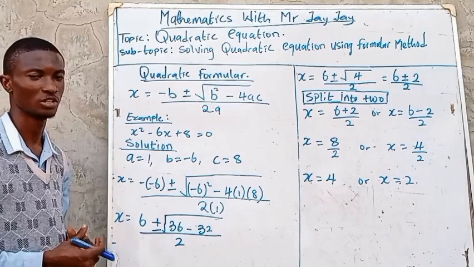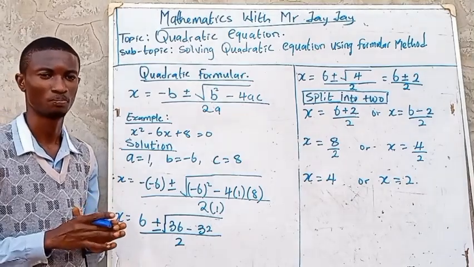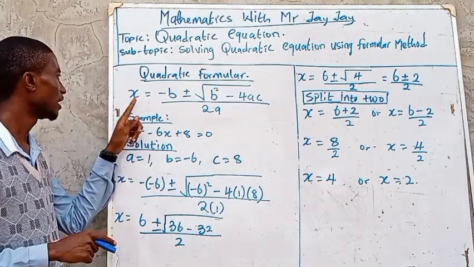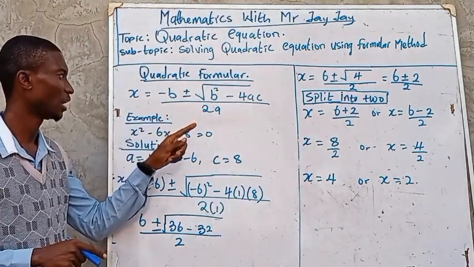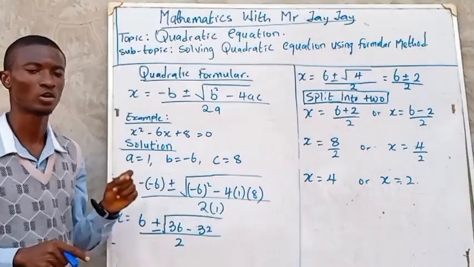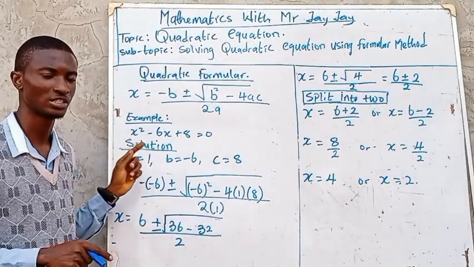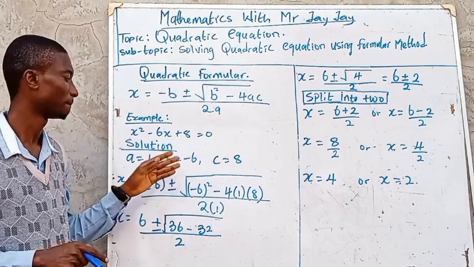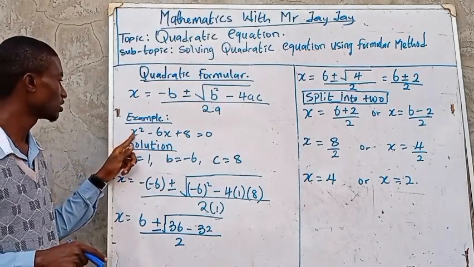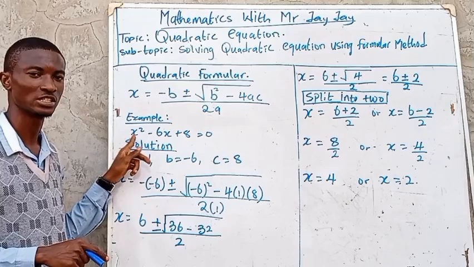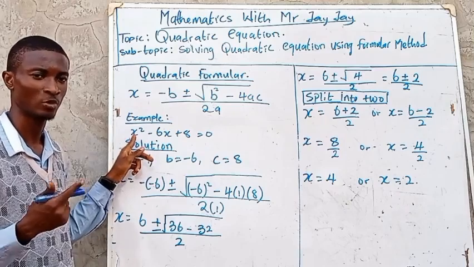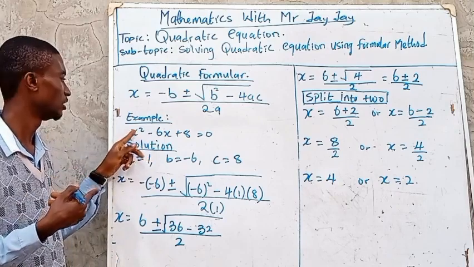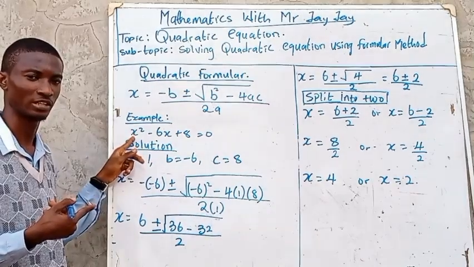Now, one thing we need to first of all pinpoint is this: our a, our b, our c are the coefficients of the quadratic equation we were given. The coefficient of x square is our a. What I mean by coefficient is the number behind the x square.